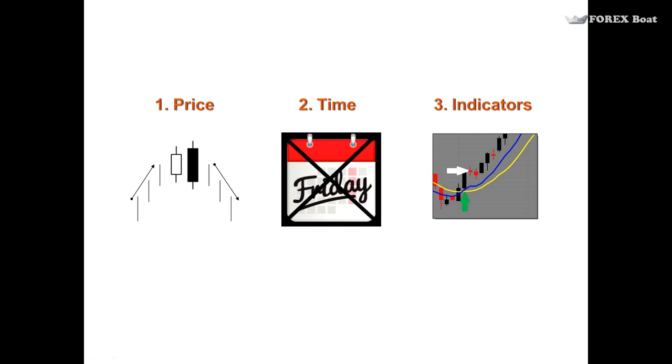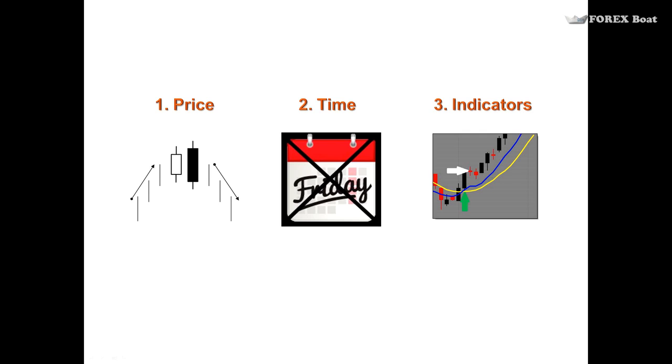But we will be talking about rule-based decisions, and that's how our automated trading systems will be structured. And on this slide, as you can see, I've outlined three main types of rule-based decisions which we will be talking about. That is price rule-based decisions, decisions based on time, and decisions based on indicators.